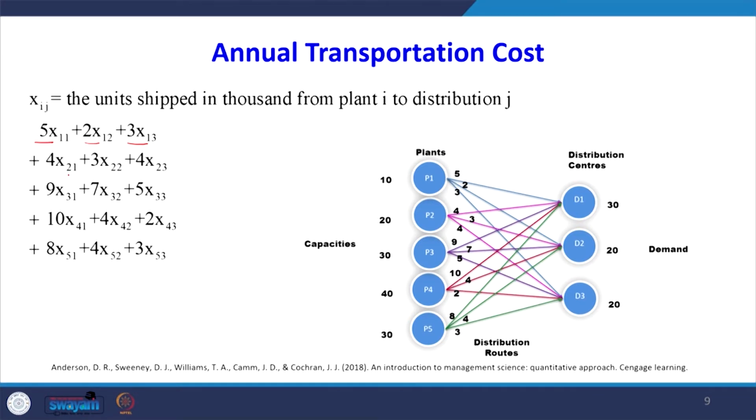Similarly, 4x21, 3x22, 4x23. Likewise, I have written all the distribution costs along with the decision variables. For example, from P5: 8x51 plus 4x52 plus 3x53. So, this represents total transportation cost.